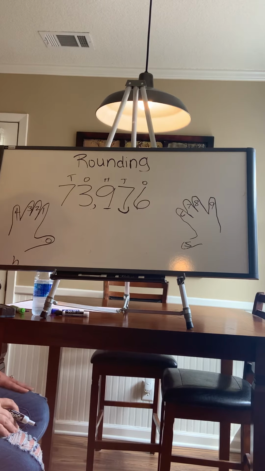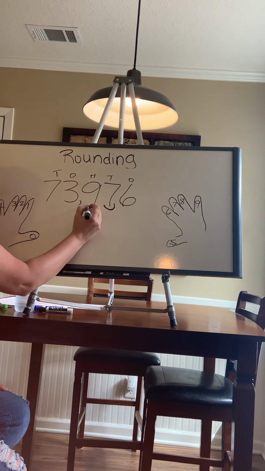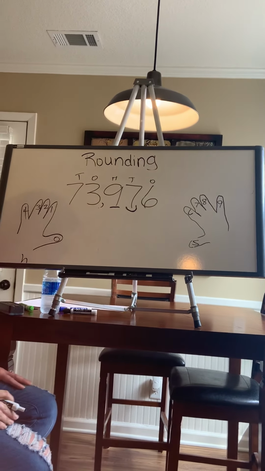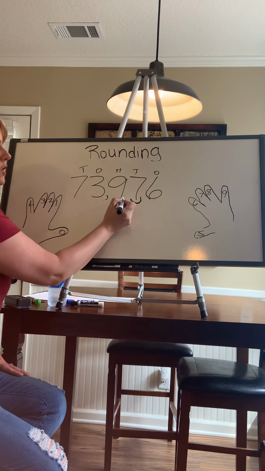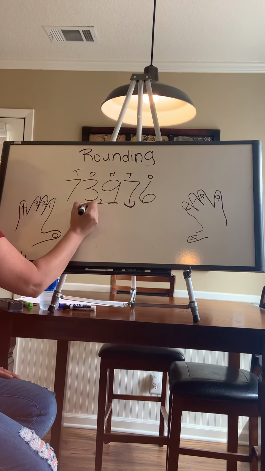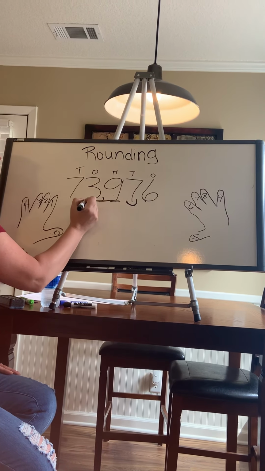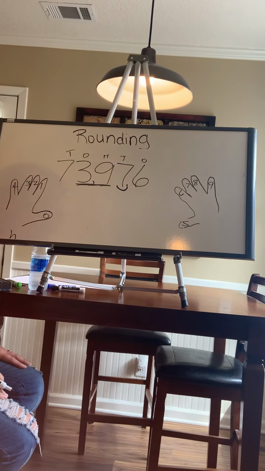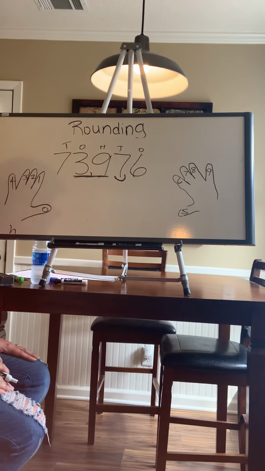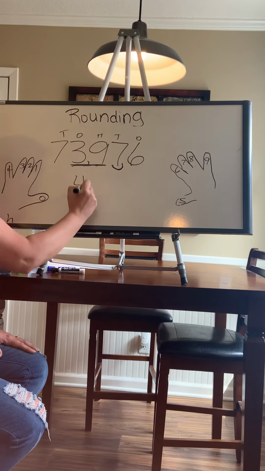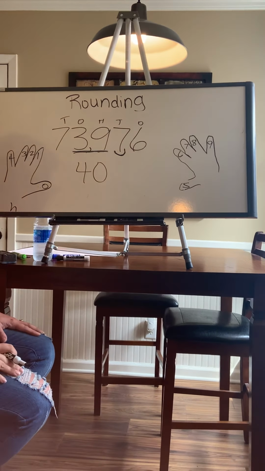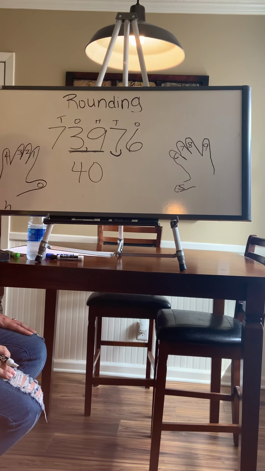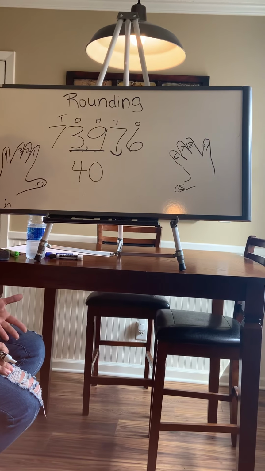So this is the tricky 9. And when you have a 9 that you're going to raise the score on, what you have to do is actually add 1 to it and the digit that comes before it. So I'm going to add 1 to 39. So 39 plus 1 would be 40. And then everything is the same as it was before.